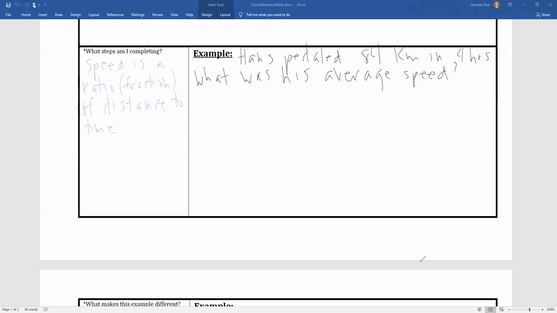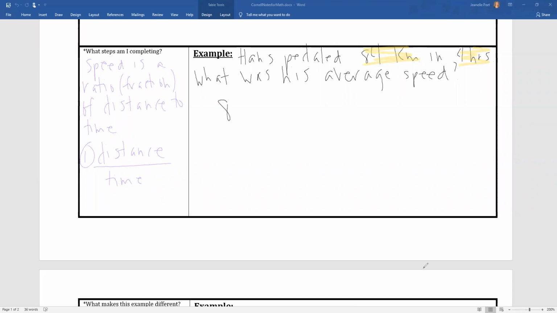So it would look like this. I would take my distance and put it over my time. Okay, so I'm going to now take my highlighter and highlight that information. My distance and then my time. Okay, so I'm going to plug that in.